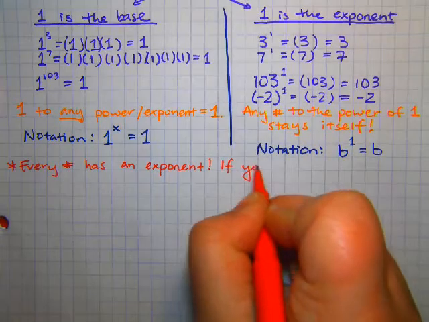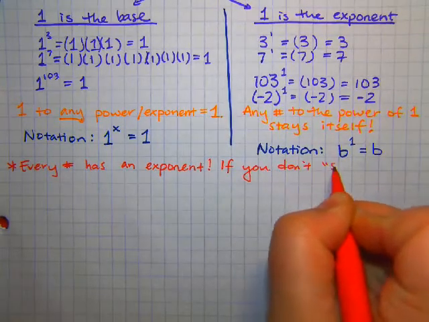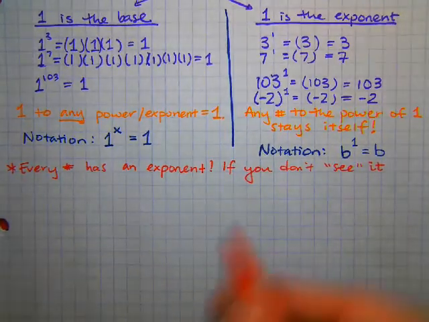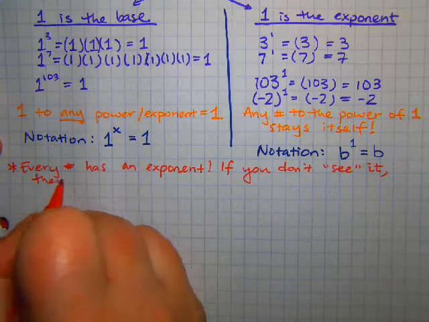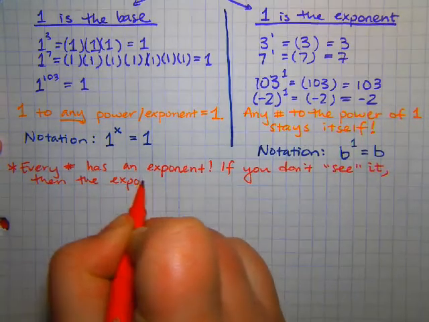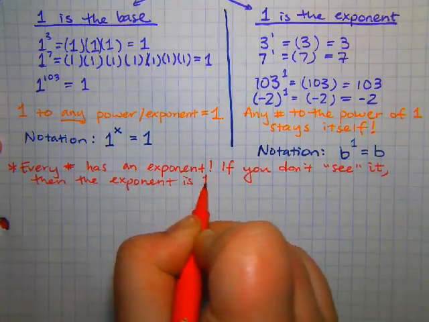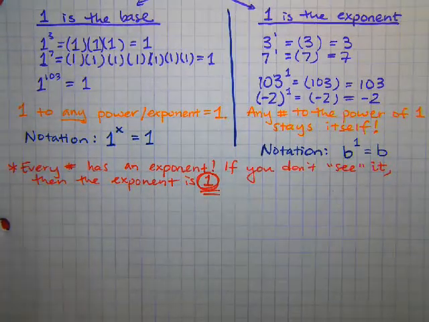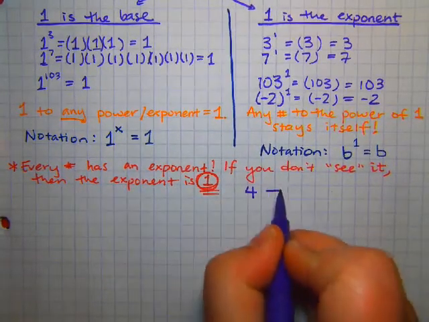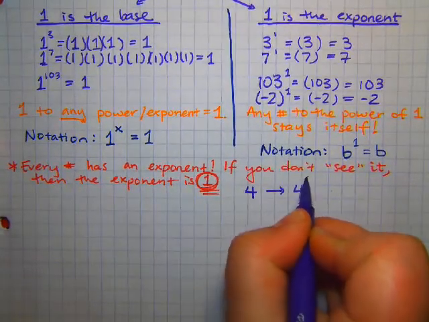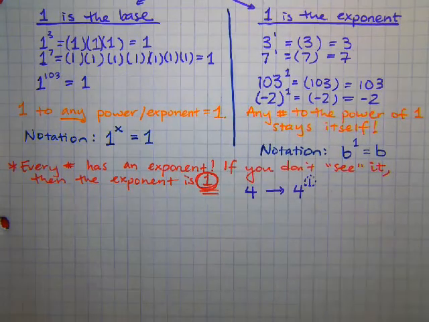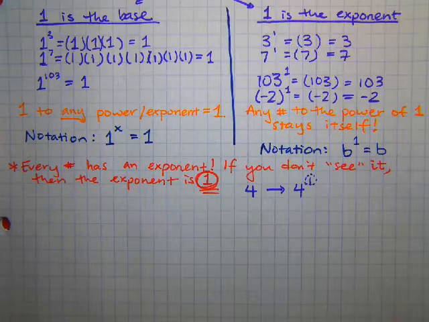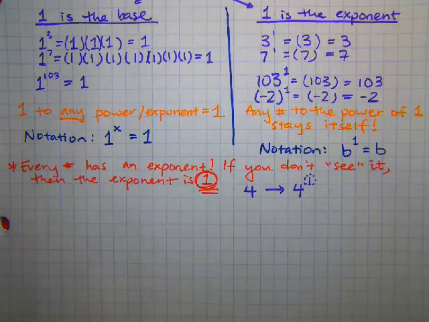If you don't see it, and I put c in parentheses, we don't see it, but we know it's there, then the exponent is 1. So if you see just the number 4, it actually does have that exponent of 1. You just didn't see it before. You can add that in if you want. You don't have to, but it will help you with some math that we do this week.